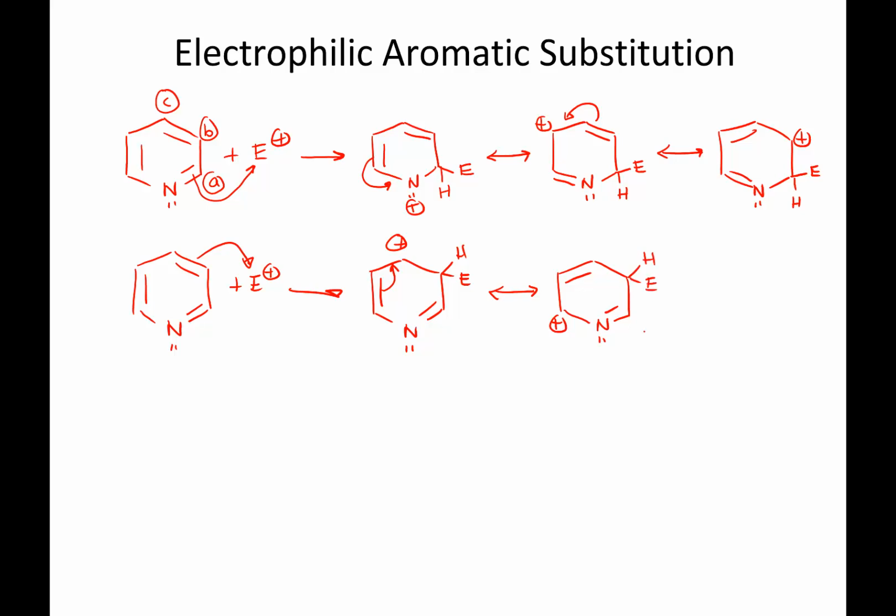Okay, so there's resonance structure number 2. Let's go ahead and move this pair of electrons over here. And put the positive charge there. Let's draw a third. Let's add it to C.